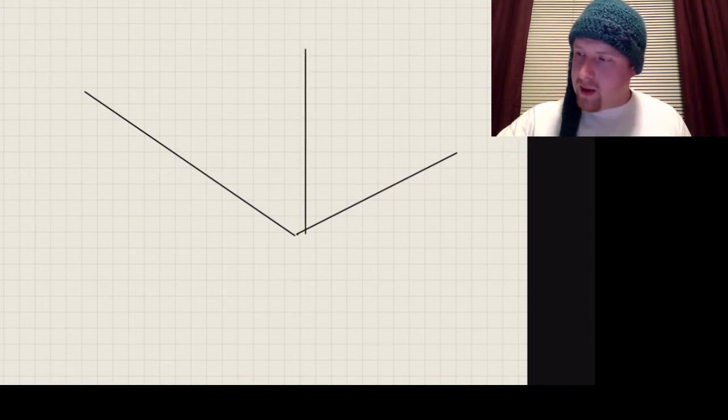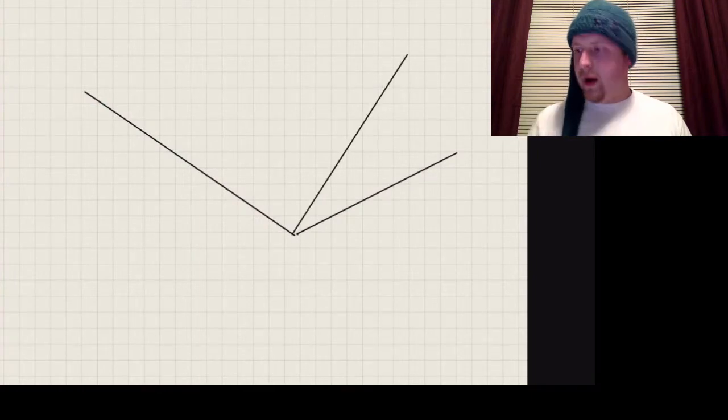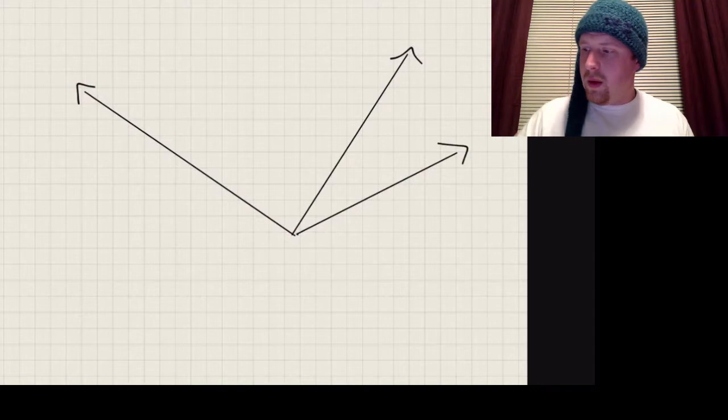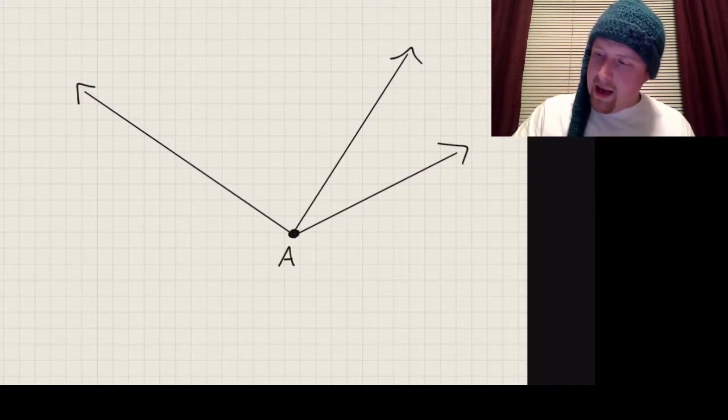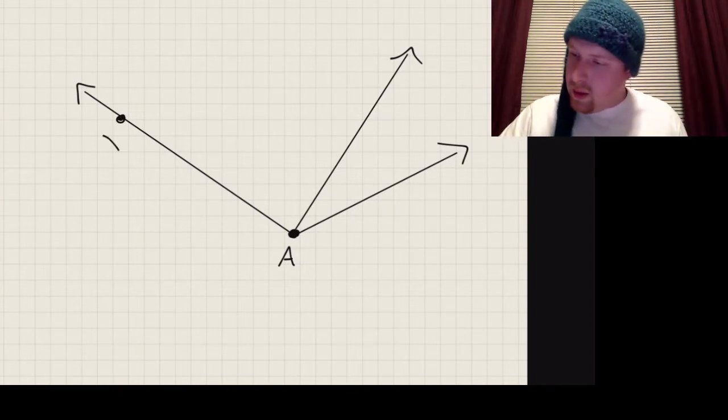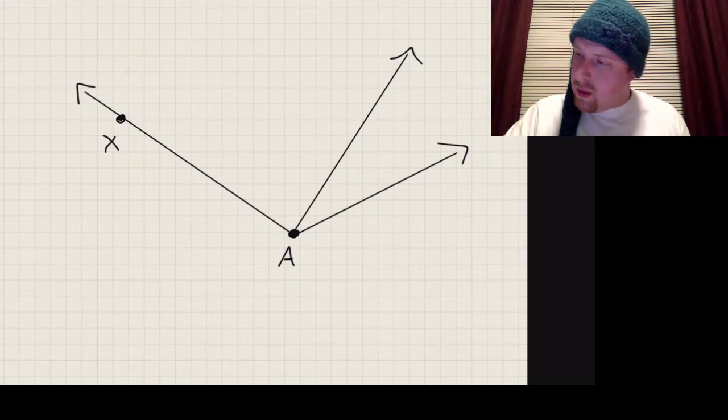Oh man, having a hard time here. Let's go with, there we go. Okay, I am actually going to use the naming scheme. I'm going to put an A here, an X here, a Z here, and an R here.